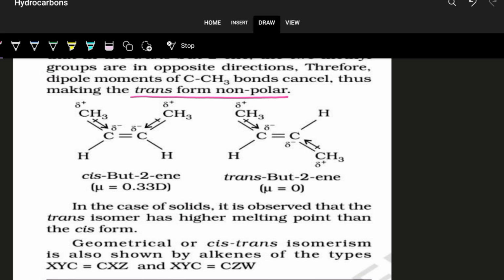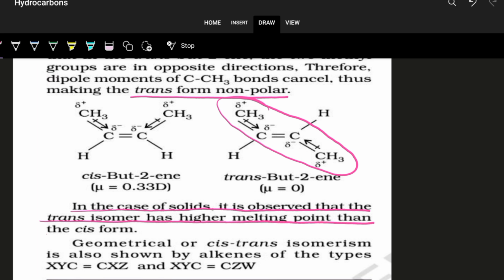And dipole moment or bond moment is a vector quantity. So if two opposite vectors are like this, equal in magnitude, the resultant of the dipole moment has to be zero. In case of solids, it is observed that the trans isomer has a higher melting point than the cis form. Why?